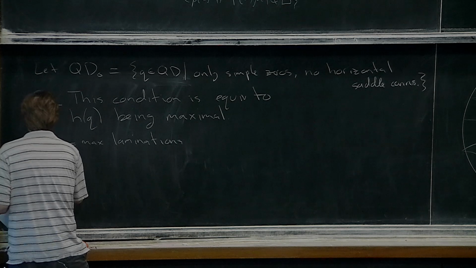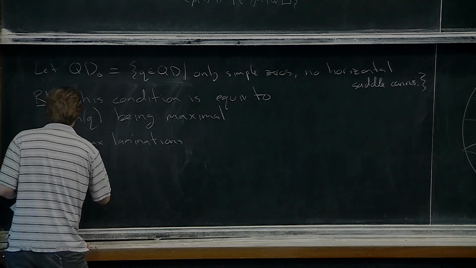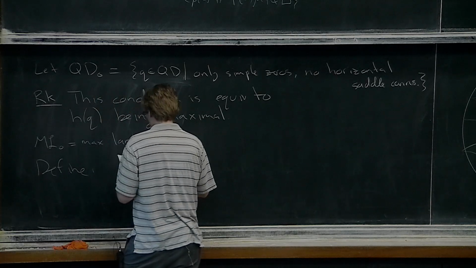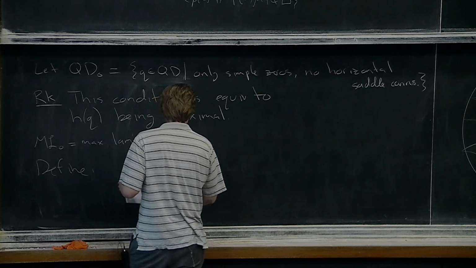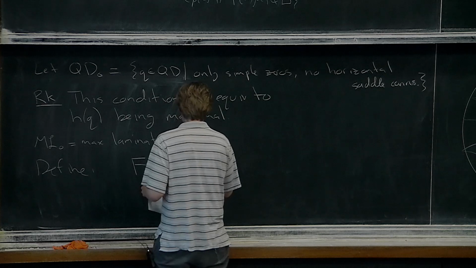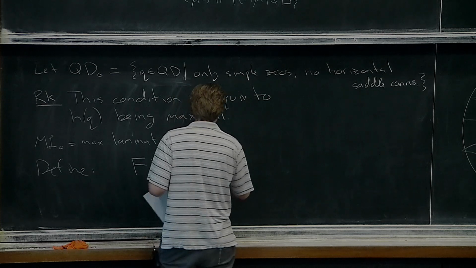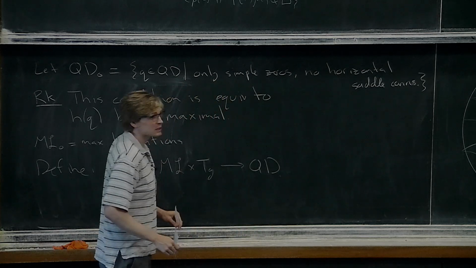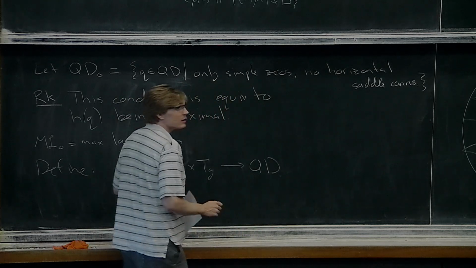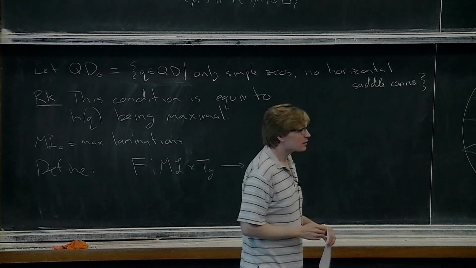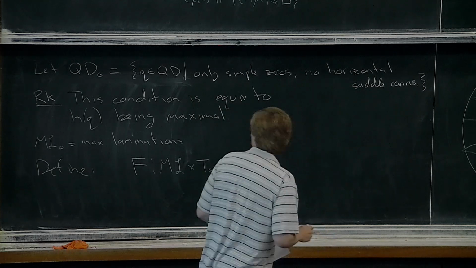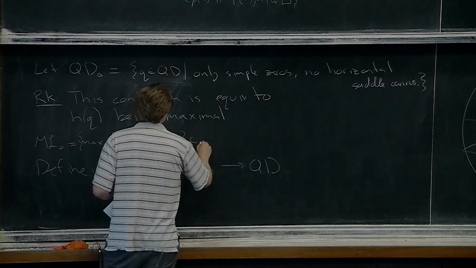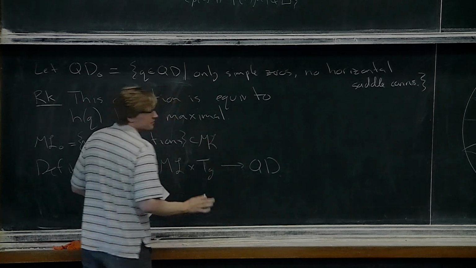And I'm going to define Mirzakhani's conjugacy, called F. At first I said it was a measurable map from ML cross Teichmuller space to quadratic differentials. Sorry, which maximal lamination is ML0? Oh, it's the set of all maximal laminations. So this is a full measure subset of ML.